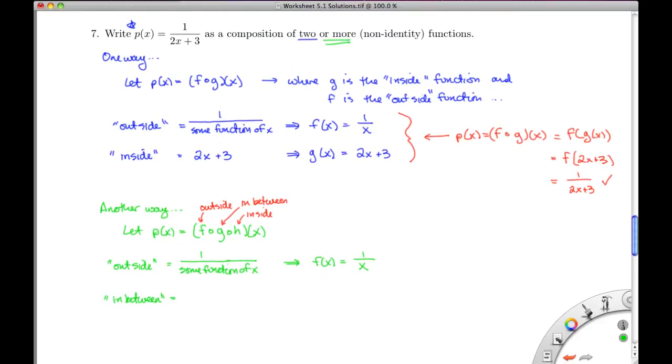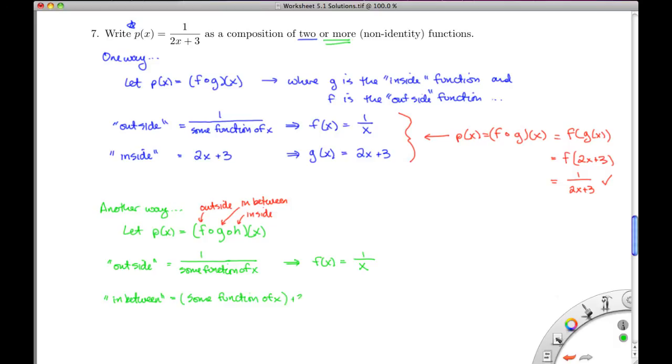We could think of this in-between function as a sum function of x, and then we're just adding 3 to it.